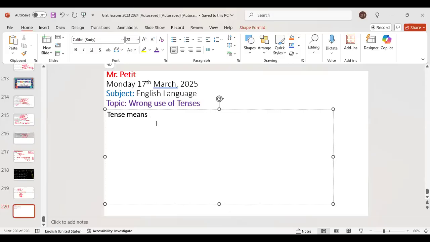Past, present, future. Let me make it simpler. What is past, present, future? What is that a description of? Time period. Who said that? Aiden. Very good. Time period, he said. So tense means time.